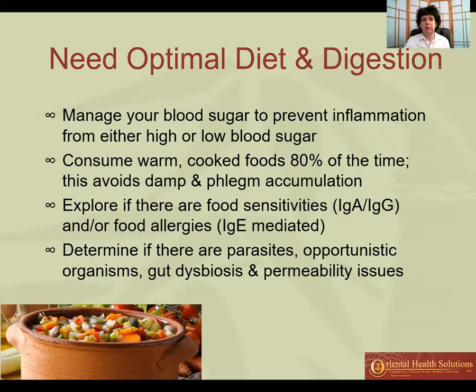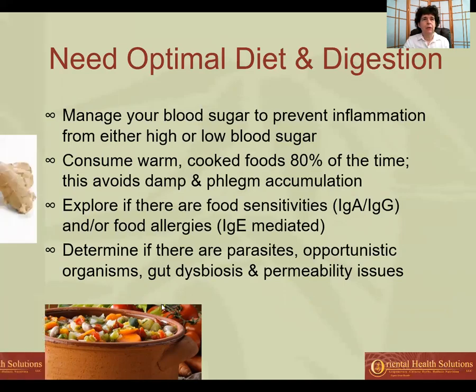Those are all things that we want to explore for people with allergies, because those have to do with the terrain in which the allergies occur. And this is something that Chinese medicine does in general. We always fix the terrain so the symptom just fades away. That is very different from how Western medicine treats things.